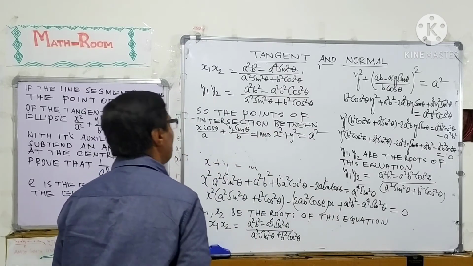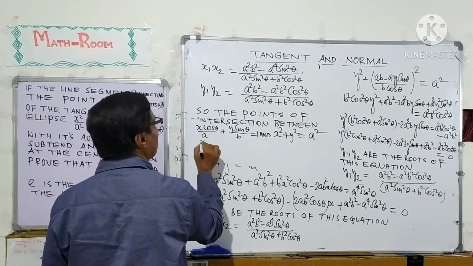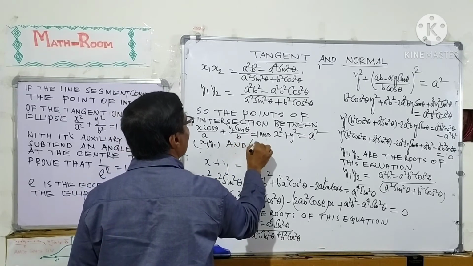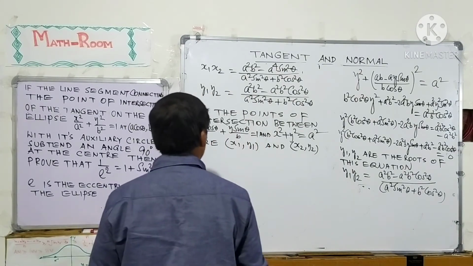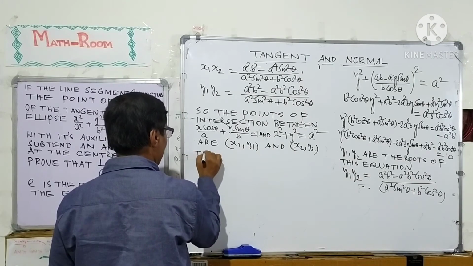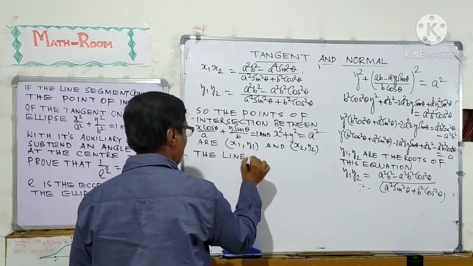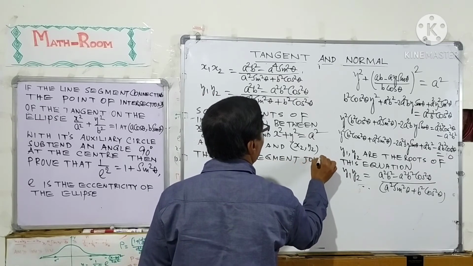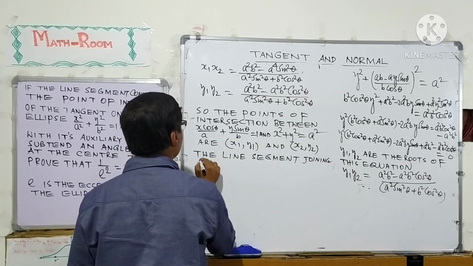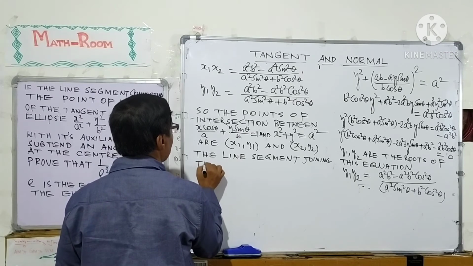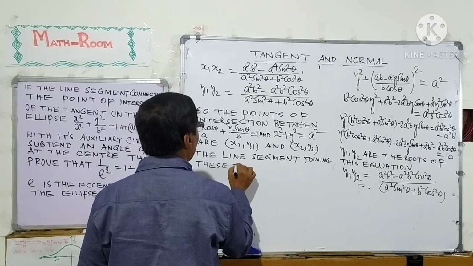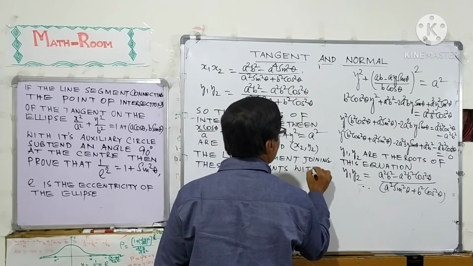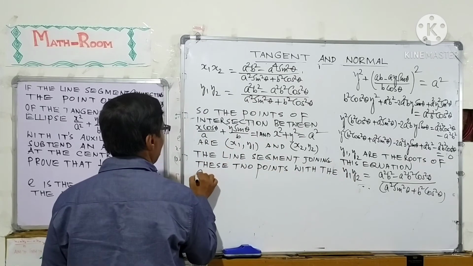And these are (x1, y1) and (x2, y2). Now, the line segment joining these two points with the center of the ellipse.